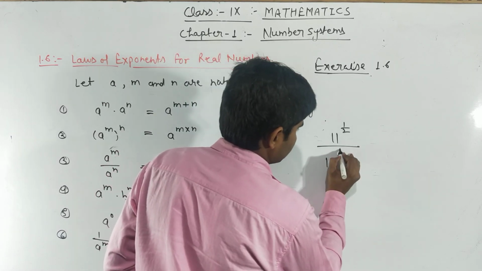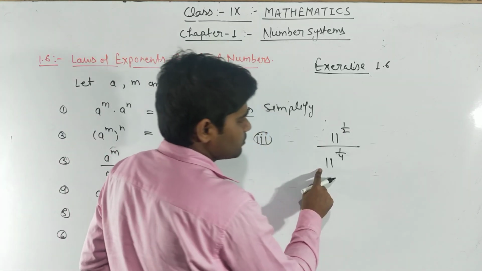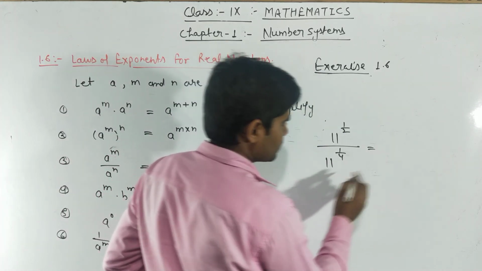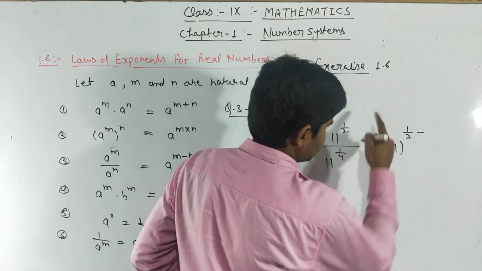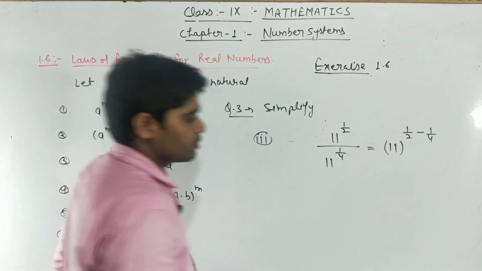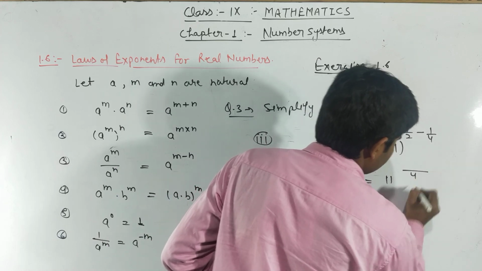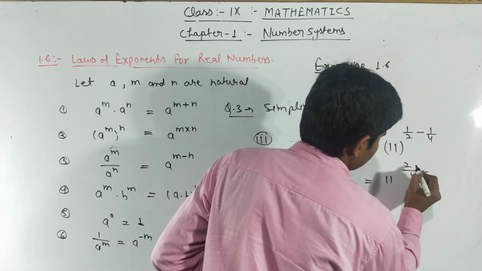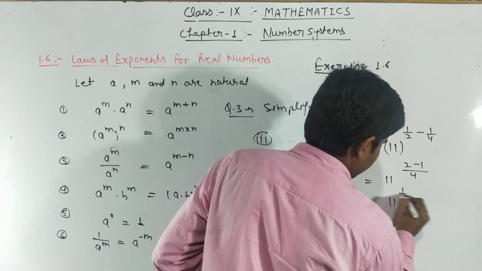See here, bases are the same, then you can write in this manner: 11 raised to the power 1 by 2 minus 1 by 4. So 11 raised to the power, LCM is 4, 2 twos are 4, 2 minus 1. So 11 raised to the power 1 by 4, answer.